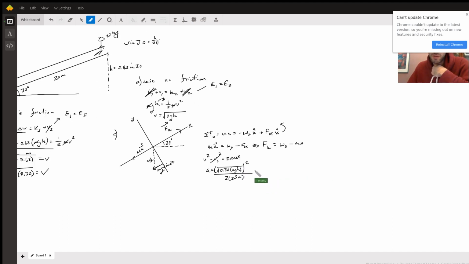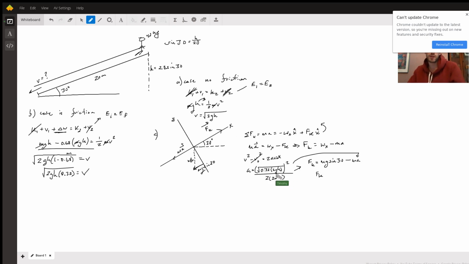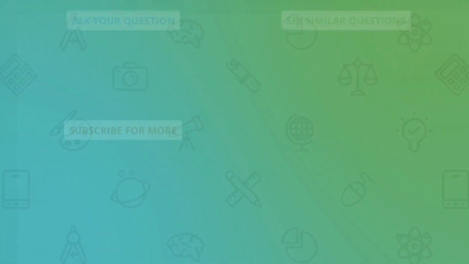And what we do is we plug this in, and what we'll get is F of k is equal to mg sine 30 minus m times a, where you're going to plug this a in here. And your g is just going to be 9.8, and then that will give you your F of k answer. All right, good luck.